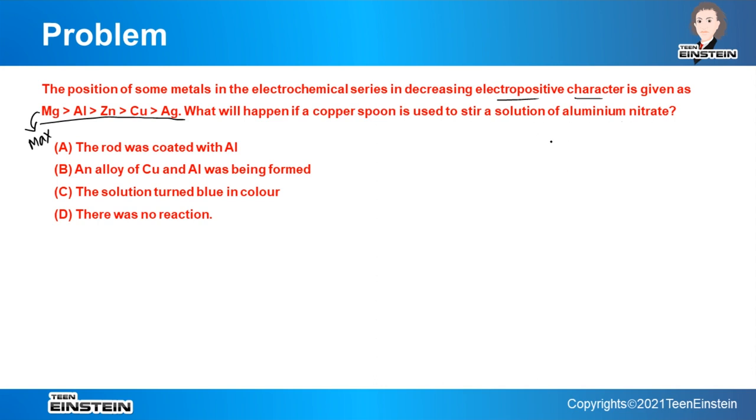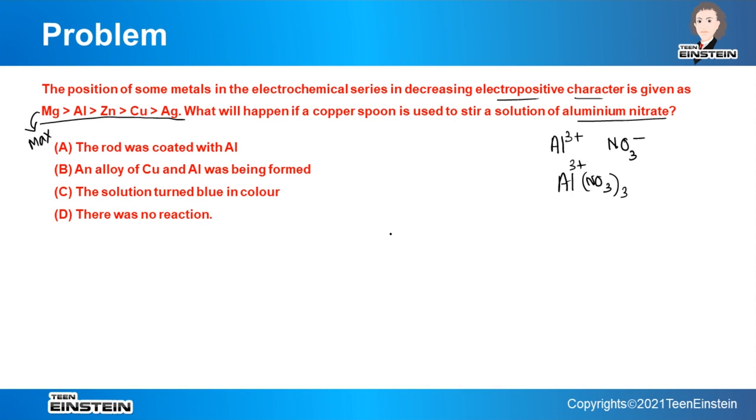Now aluminium nitrate means what? Aluminium, we know its stable oxidation state is 3+, and nitrate anion is NO3 minus. So aluminium nitrate, its formula will be Al(NO3)3 because it is 3 plus. Okay, so the oxidation state of aluminium in this nitrate salt is 3 plus.